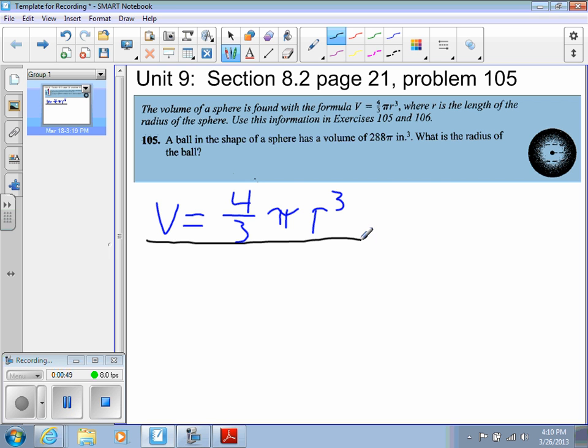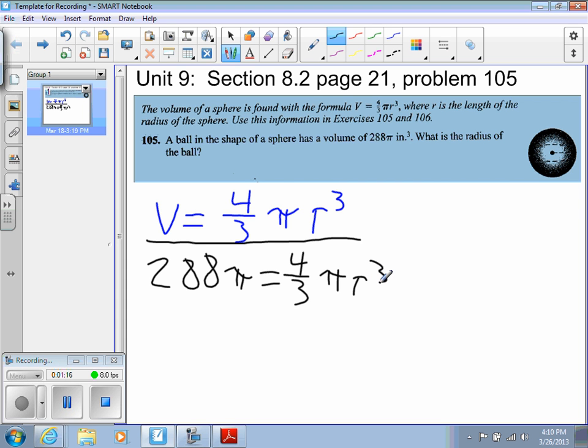So they gave us a volume of 288 pi, and then they said that that equals, according to this formula, 4 thirds pi times r cubed. So let's see what we can do here.